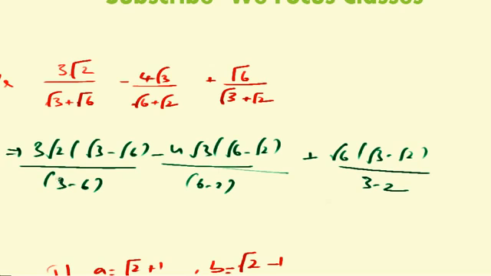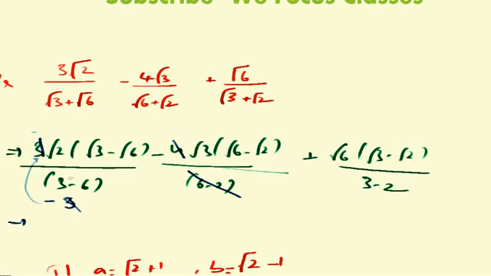What is 3 minus 6? This is nothing but minus 3. So the 3 will cancel, and 6 minus 2 is nothing but 4, so the 4 will cancel. 3 minus 2 is nothing but 1, you leave it off. So the first term becomes minus root 2 times the bracket.